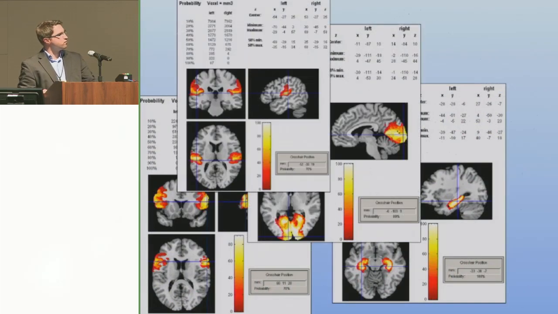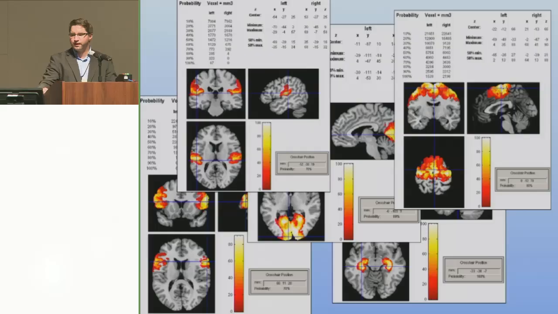Now, when we create these probabilistic maps, we get one map for each area that has been examined. This is the most precise representation of the information. So for each voxel of the brain, we now know what is the likelihood of any area being there. But most of you would agree that this just does not really look like a brain map, right?